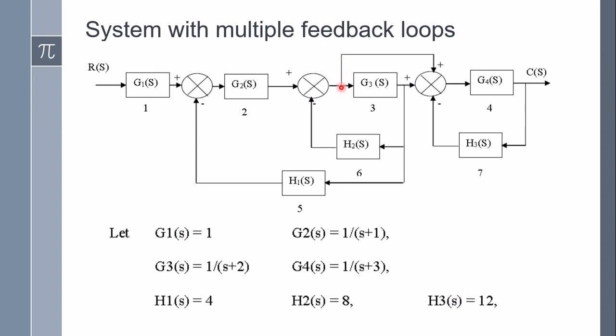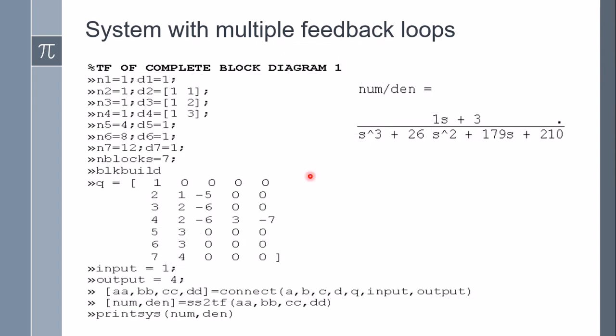So what signal is available here? The signals available here are 2 and -6, and from here +3 is available, and from here -7. So 2, -6, +3, -7 are the 4 inputs for block 4.